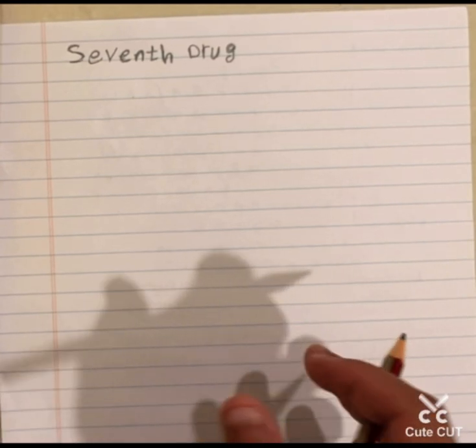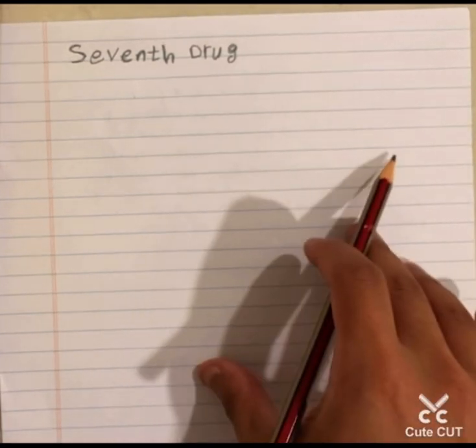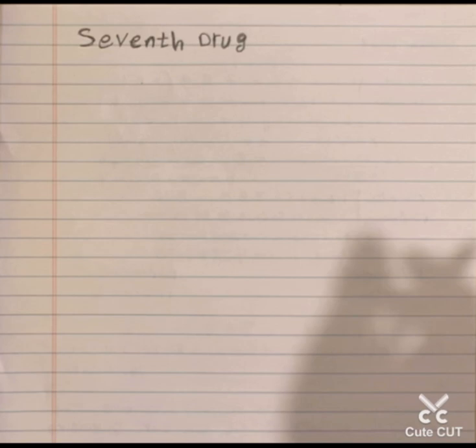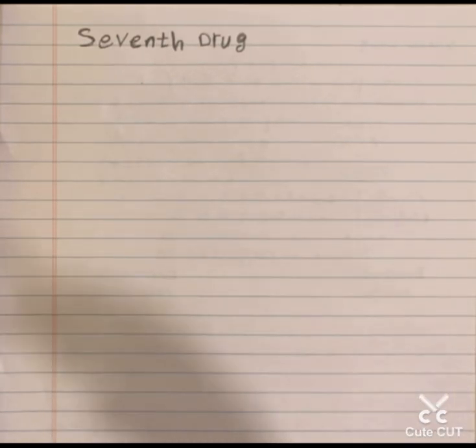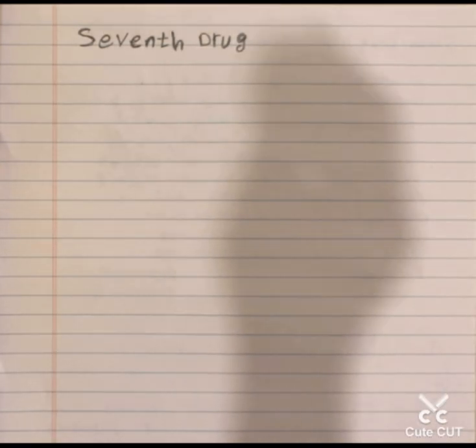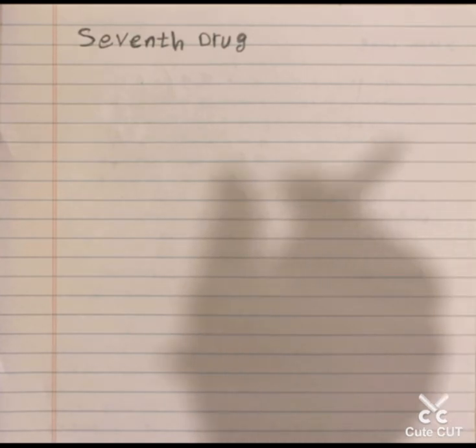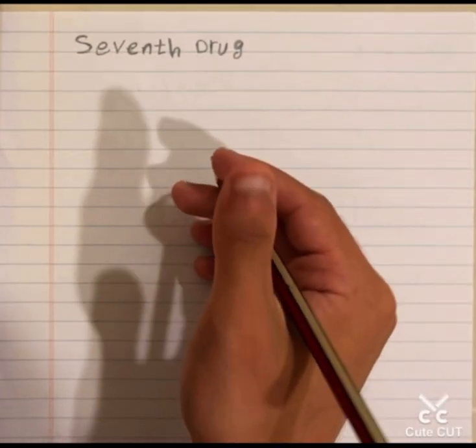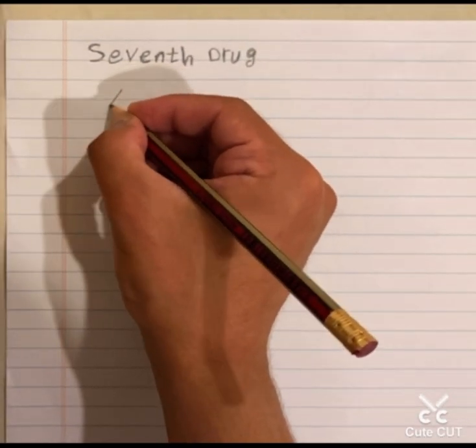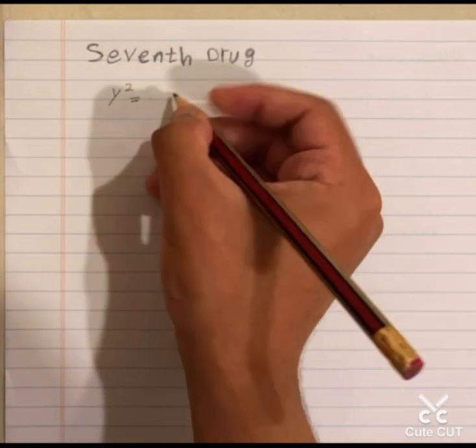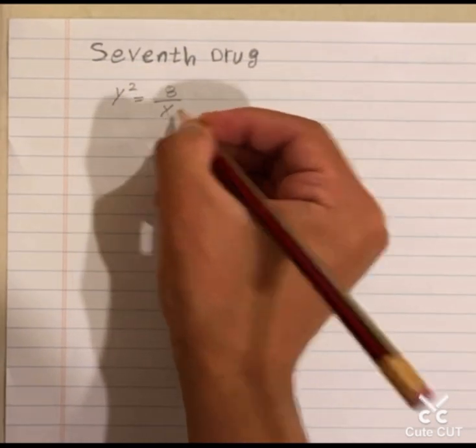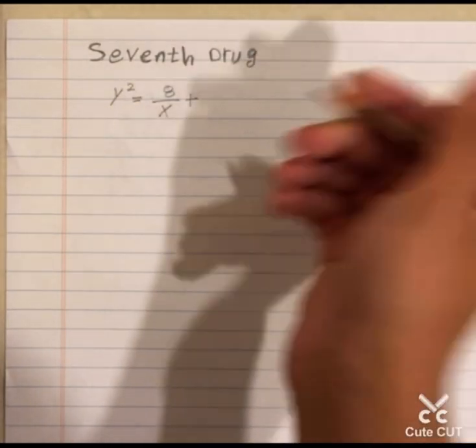By the way, we already covered the 7th track when we discussed the nonlinear process. Linearization means fitting nonlinear data, which means modified two-point linear interpolation. All are the same. So we have the equation we found, y squared equals 8 over x plus 4.